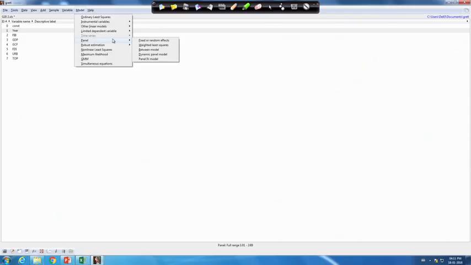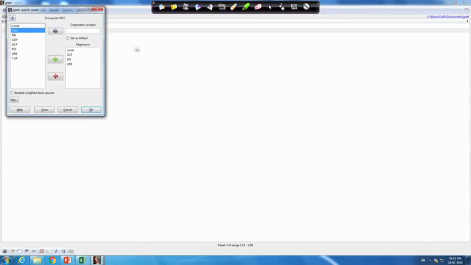Again you go to the panel data structure, and there is a structure called the weighted least squares method, through which you can also check the particular process.